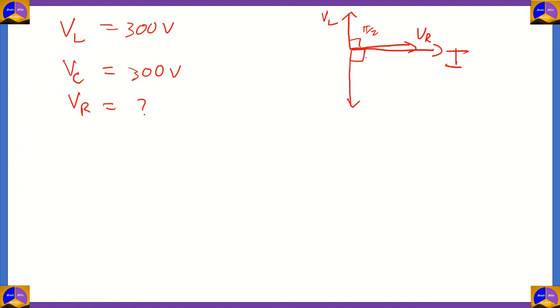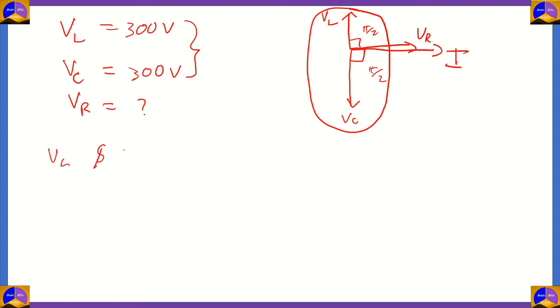And the EMF across a capacitor lags behind the current by a phase difference of pi by 2. So in this case, the EMF across the inductor and the EMF across the capacitor are opposite to each other and they are equal. So VL and VC are equal and opposite.